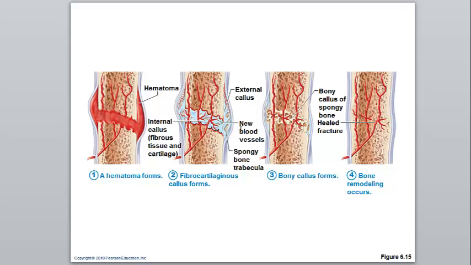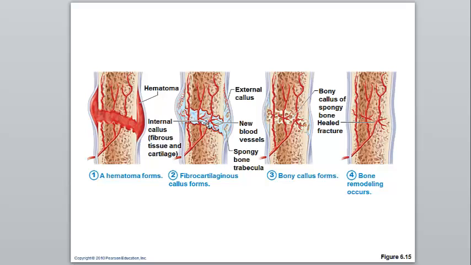That's exactly what you see forming: the internal callus, fibrous tissue and cartilage. New blood vessels. Remember, your periosteum already has the osteogenic cells in there, so it's bringing in all the important cells. Your fibroblasts and your chondroblasts are brought in by your osteogenic cells, forming the internal callus.